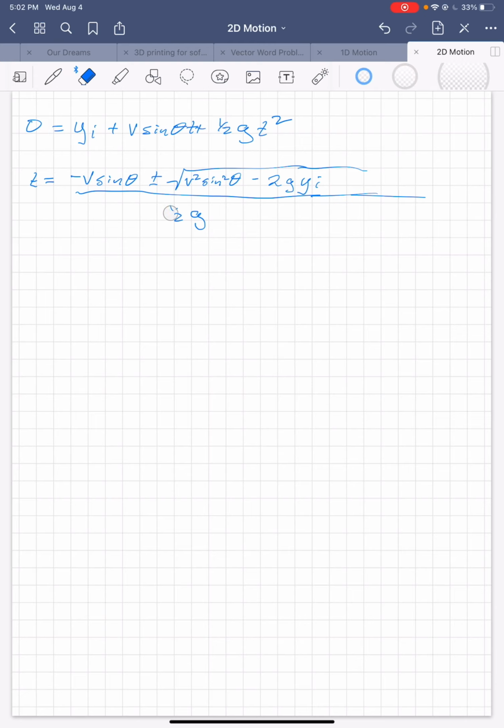And I could say 2 times 1/2 is 1, so I could just divide it by g. And now what I can do is plug in some numbers, right?